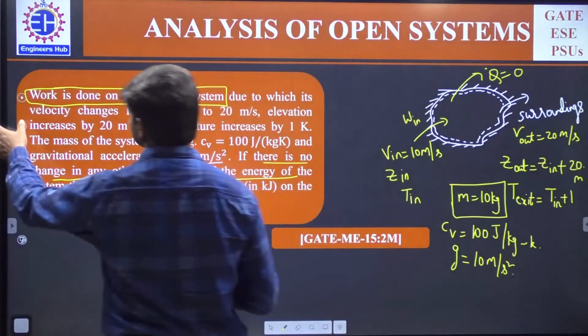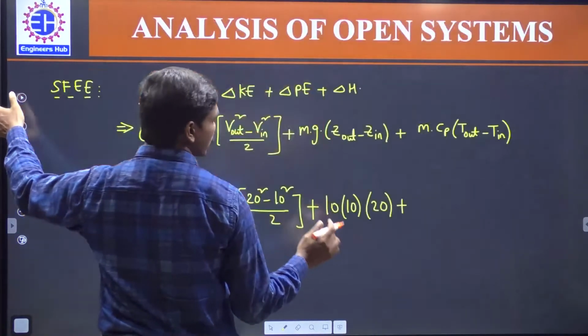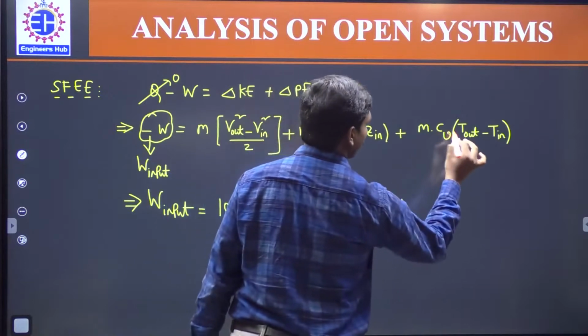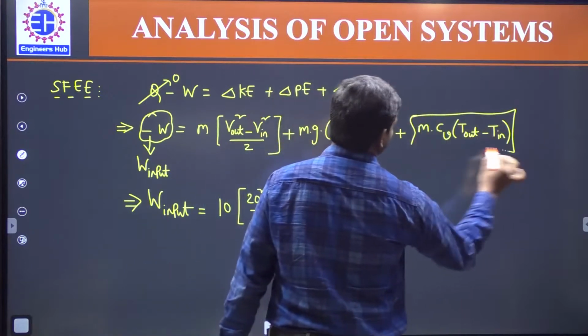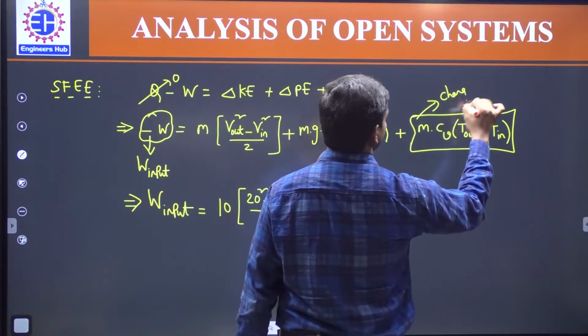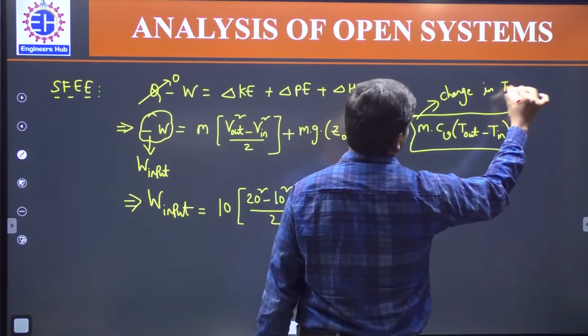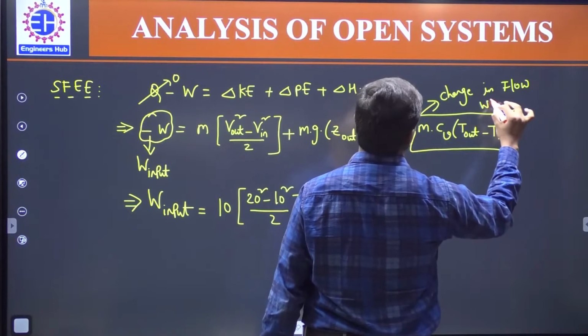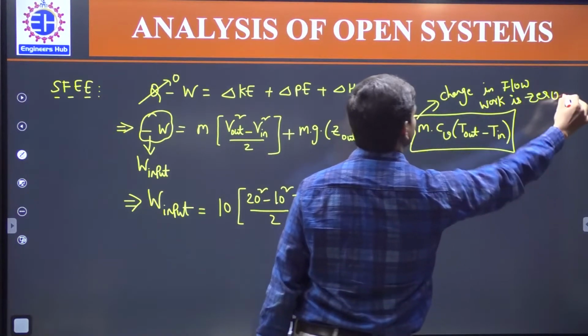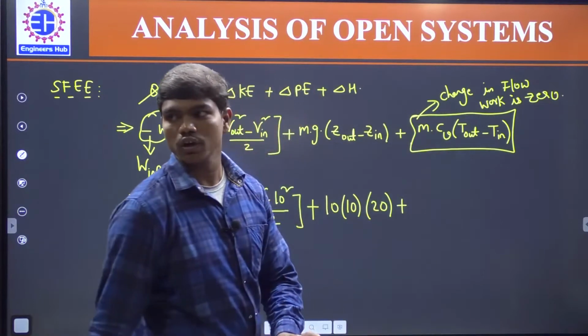So instead of writing Cp here, we can go for Cv, because change in flow work is negligible.